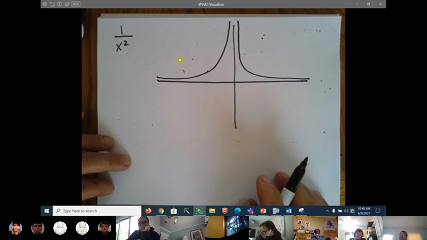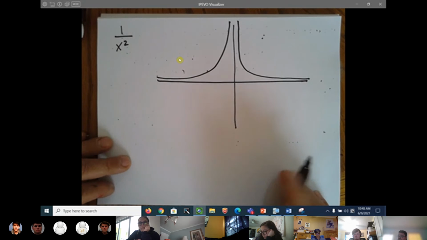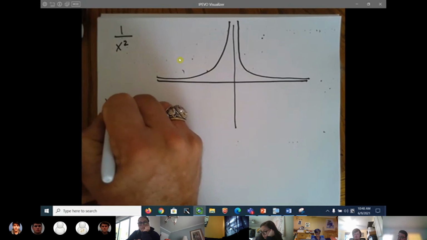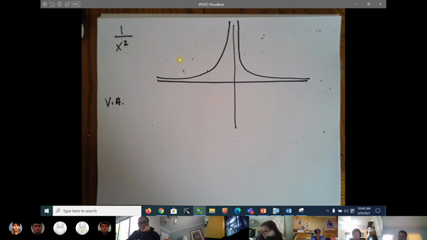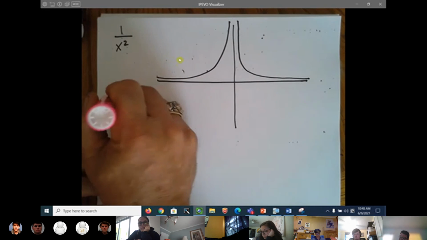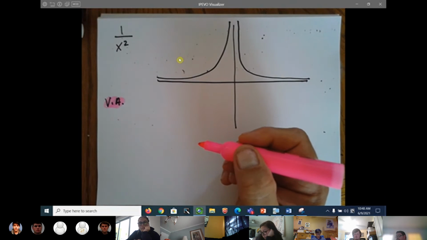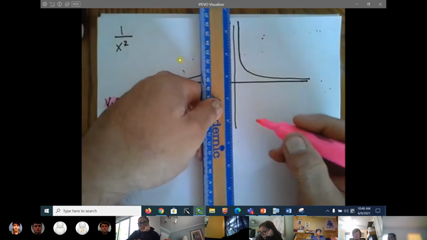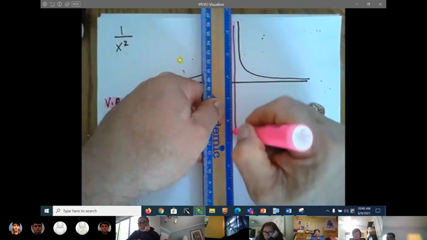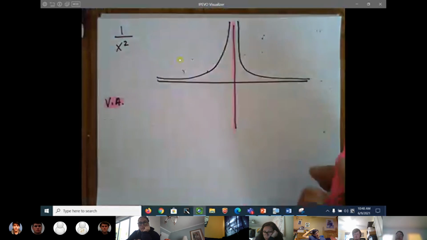There it is. The vertical and horizontal asymptotes here. The vertical asymptote is x equals 0. There's your vertical asymptote.